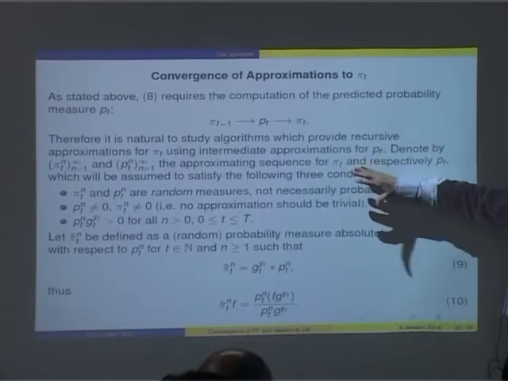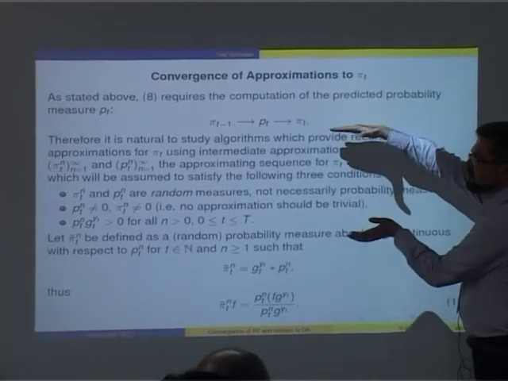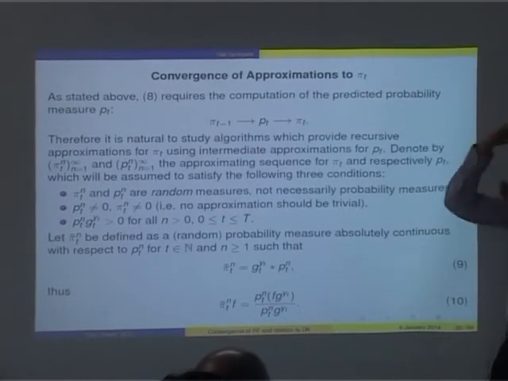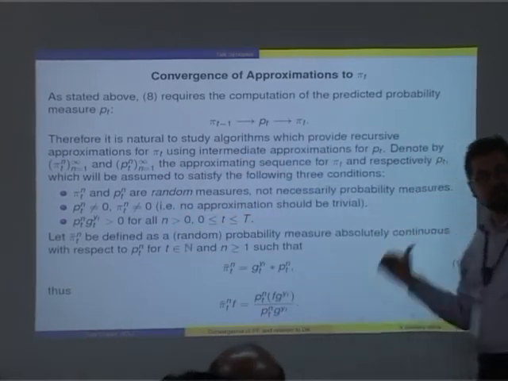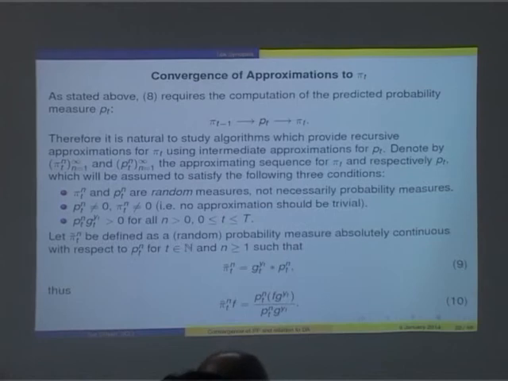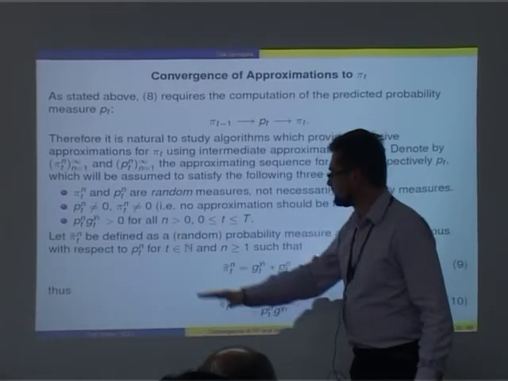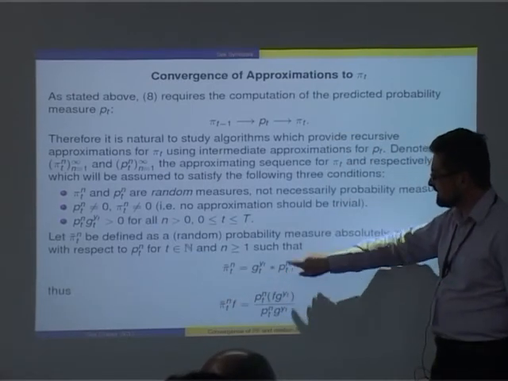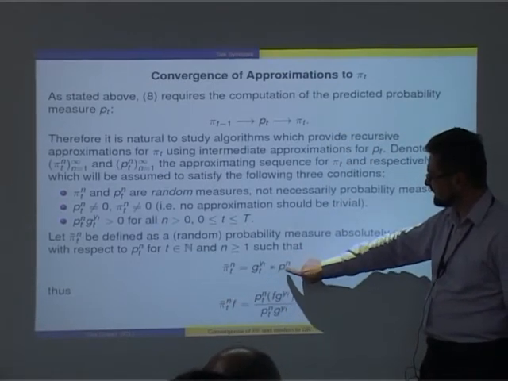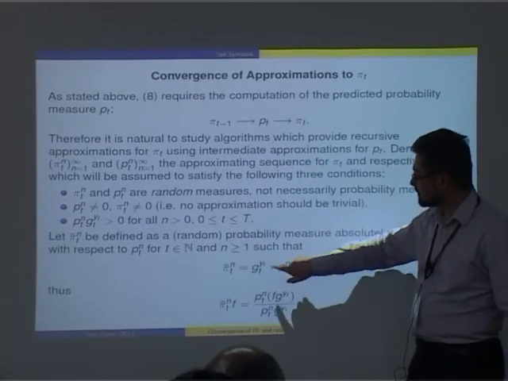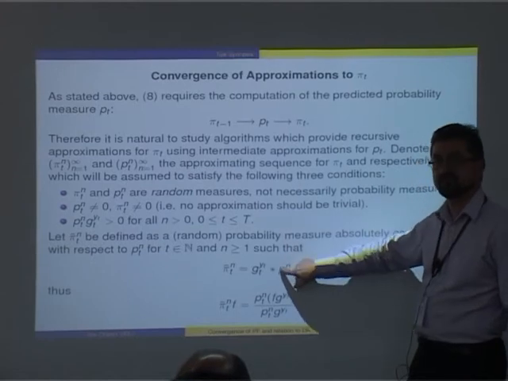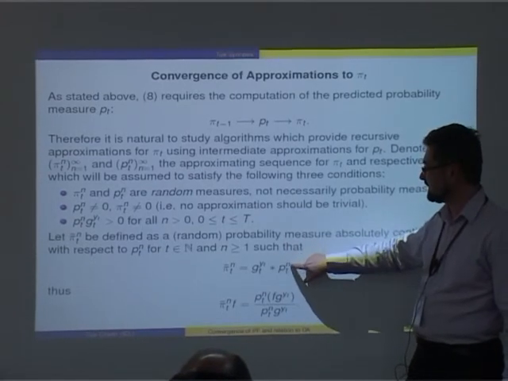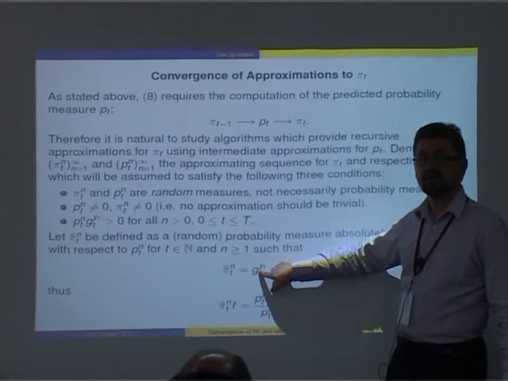Okay, so if you have a sequence of approximations, if you construct your algorithm and your sequence of approximations fits into this, then the next theorem will give you a necessary and sufficient condition for convergence. So one more notation: you construct an additional sequence which is obtained by taking the approximation for Ptn and taking the projective product with Gt.